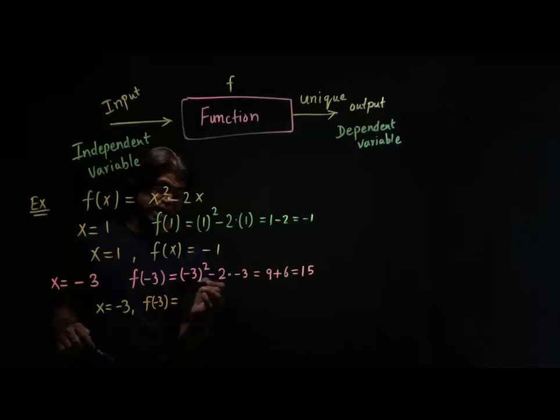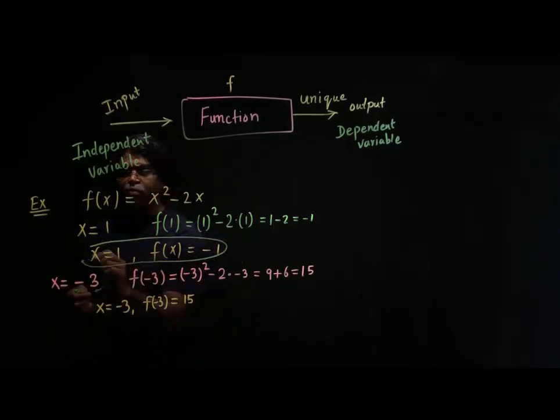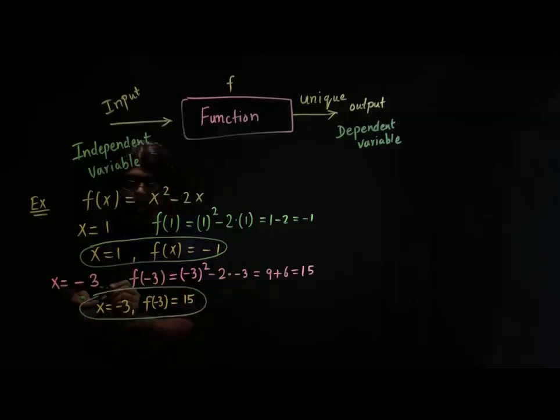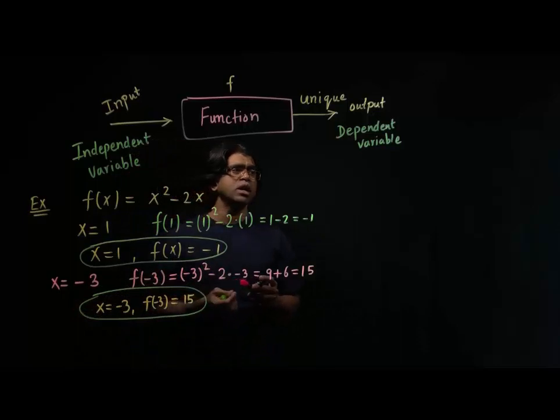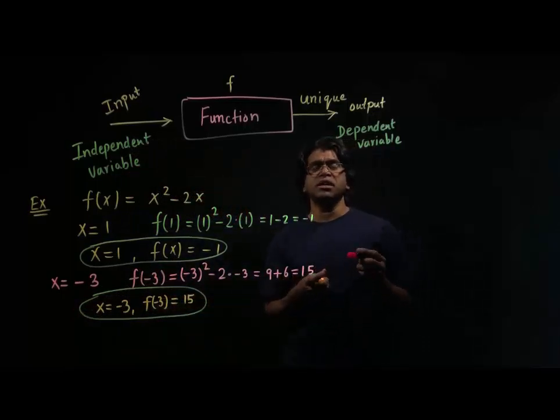The value of the function, I should say, is 15. So as you can see, this is my value for the function at 1, and this value is for x equals to negative 3. Now let's try to see what are the limitations of the function.